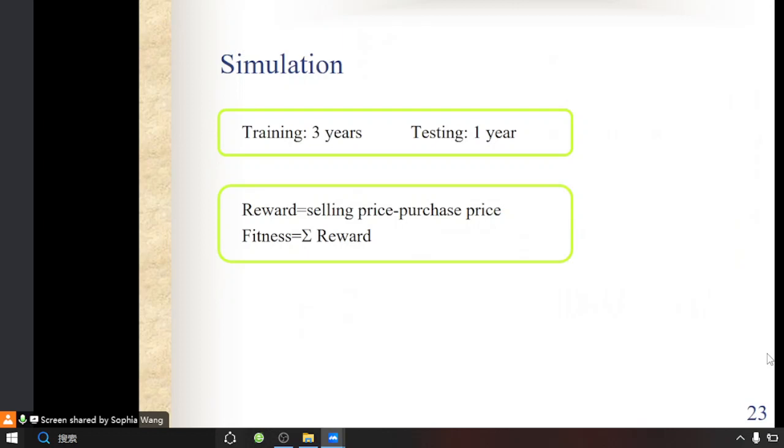You cannot construct your fitness function using just the reward, because selling price minus purchase price is very simple. It doesn't consider the important factors for risk management, right? You cannot only consider your profits. You should also consider the risk simultaneously.